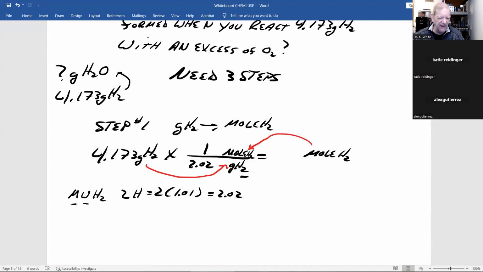Now, before I pick up my calculator, grams of hydrogen divided by grams of hydrogen, anything divided by itself equals 1. This cancels out. And now I'll pick up my calculator, clear it.